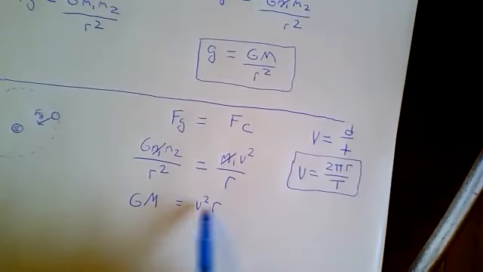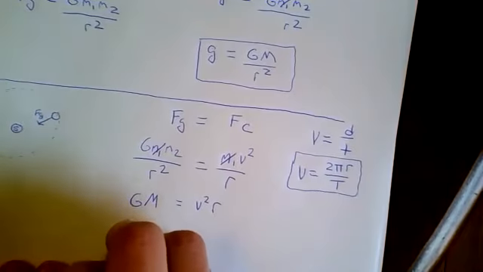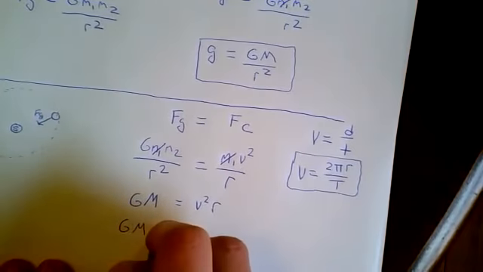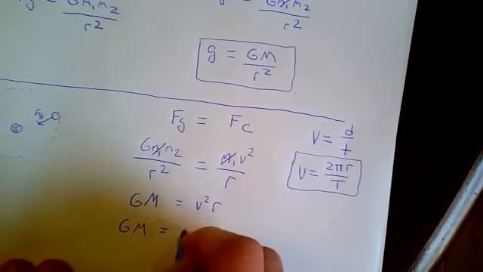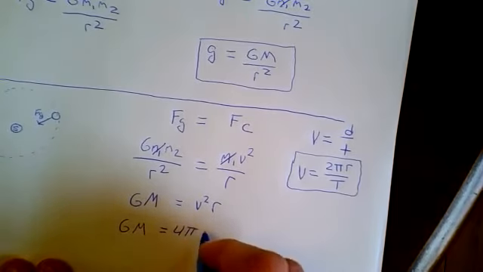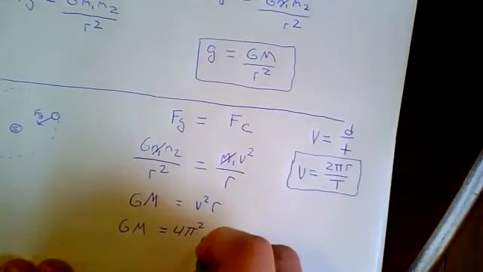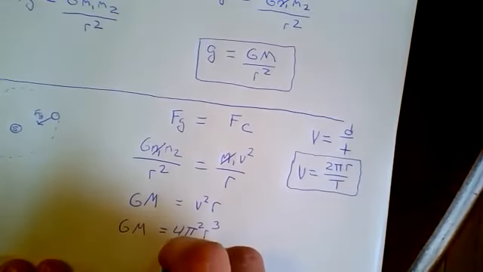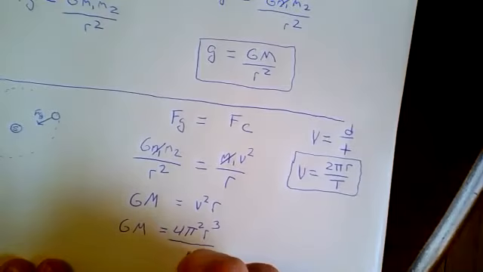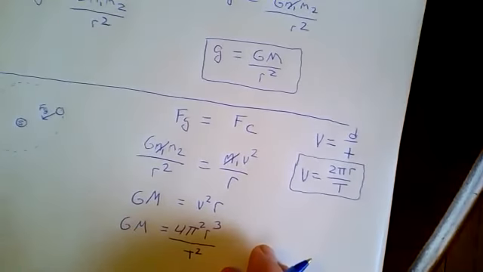Then I'm going to substitute this into here. So big G M equals 4 pi squared R now cubed over T squared.